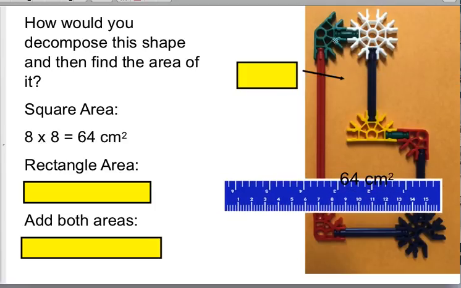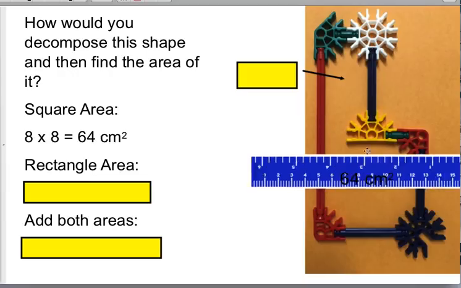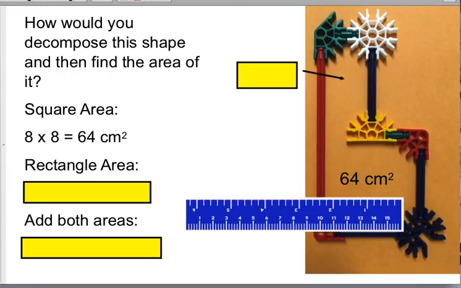Now I have to deal with this rectangle. My rectangle is up here, I'll draw it out for you, and I just have to come up with an estimated length and width.